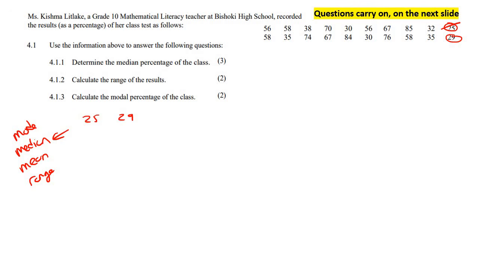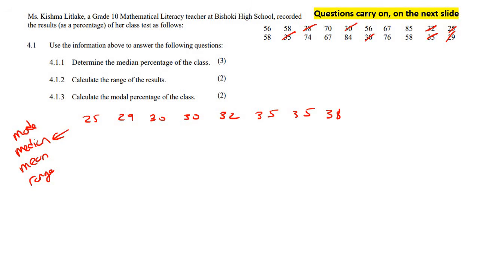Then 29. Then there's 30s. Okay, there's 1, 2 of them. Then there is a 32. And then the next one is 35, of which there's 2 of those. And then, 38. Then there's no 40s. Then the next one is 50.